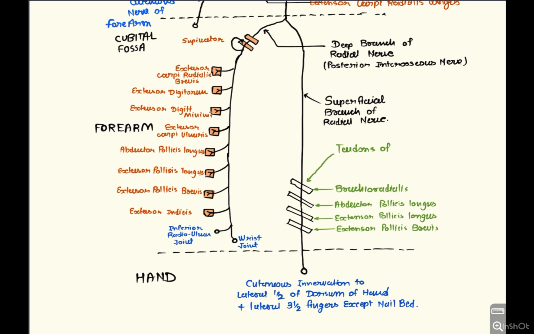Now in the cubital fossa, the radial nerve also gives another branch, the deep branch of the radial nerve. Another name for this branch is the posterior interosseous nerve. So now the name of the radial nerve has changed to the posterior interosseous nerve.